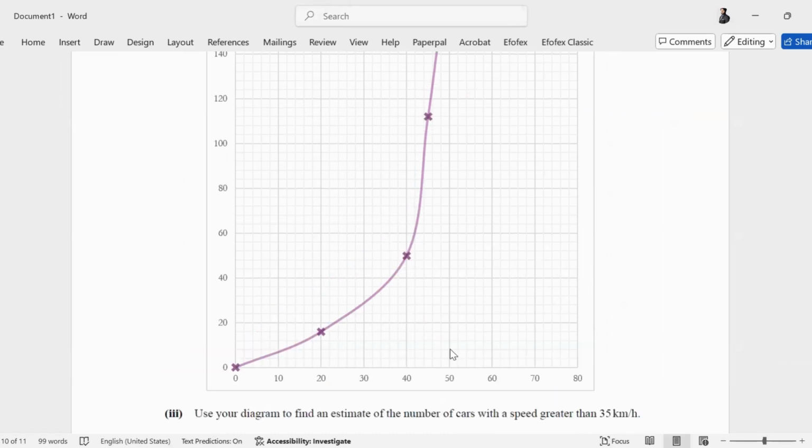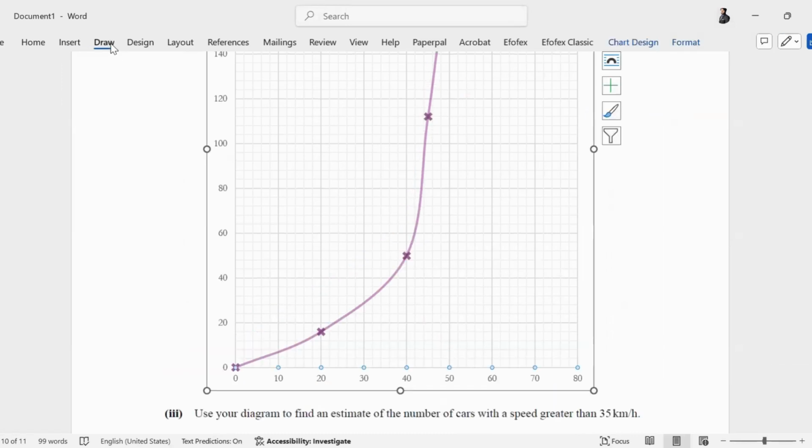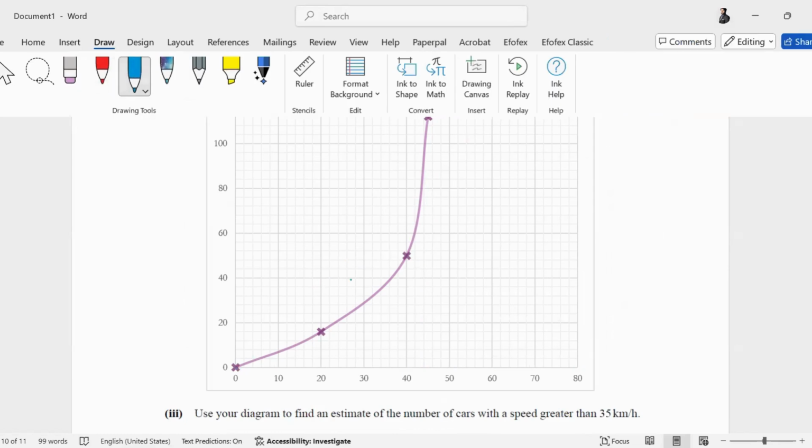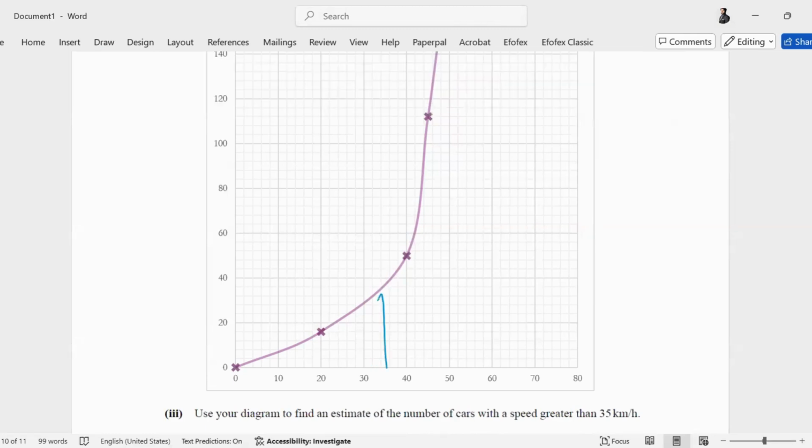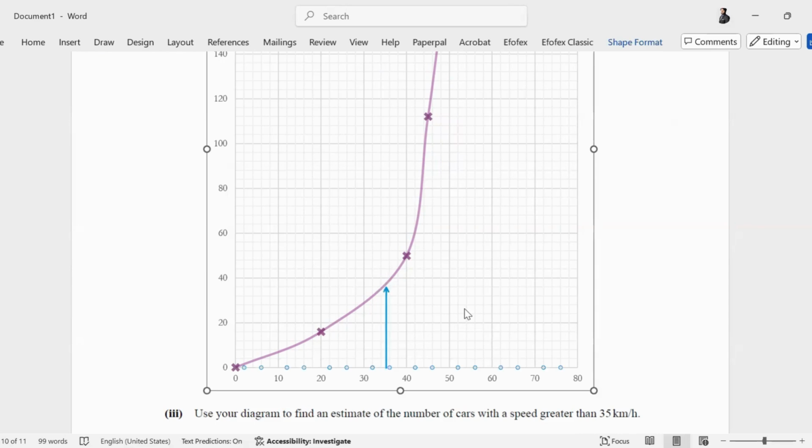So speed greater than 35, that means I will read at 35, which is exactly in the middle, between 32 and 34.